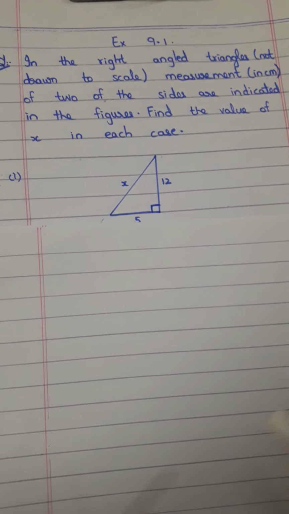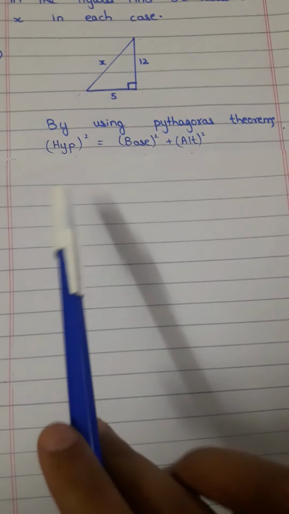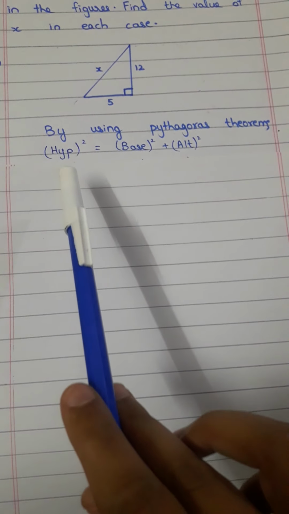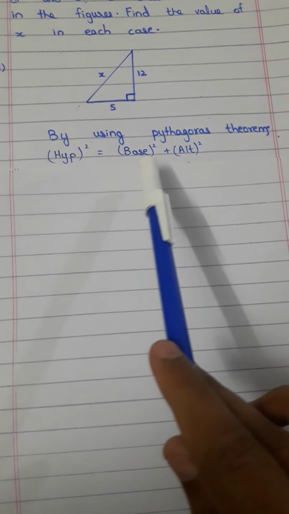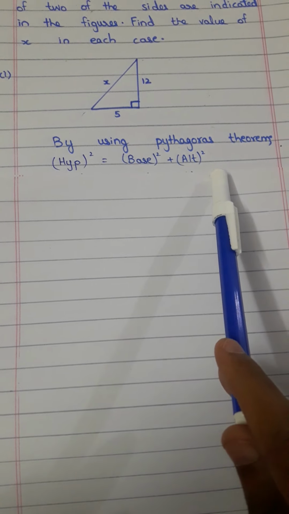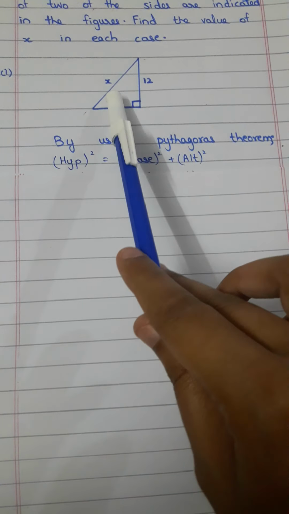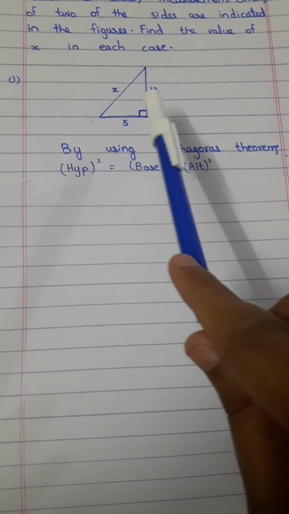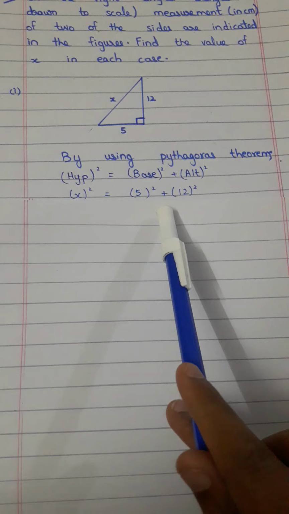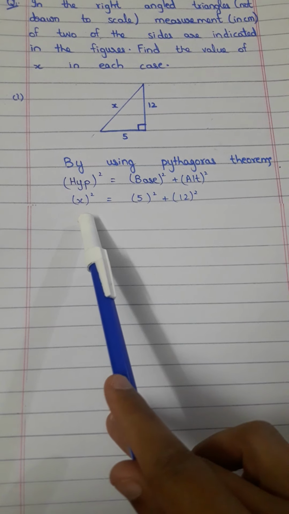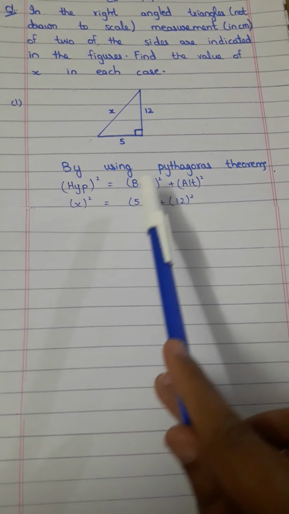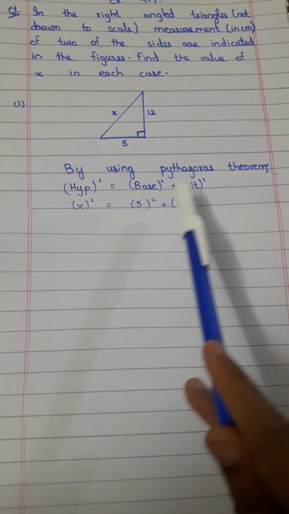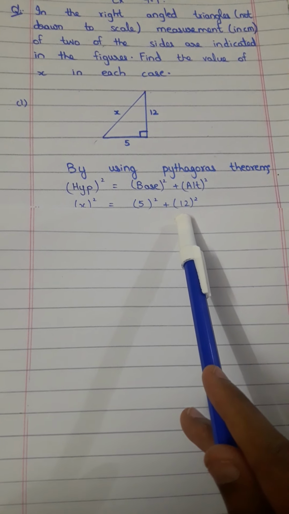Now by using the Pythagoras theorem, the Pythagoras theorem is height square is equal to base square plus altitude square. According to your given figure, this is the height, this is your base, and this is the altitude. Is it clear? Now putting the value, in the place of height we put x, in the place of base we put 5, and in the place of altitude we put 12.